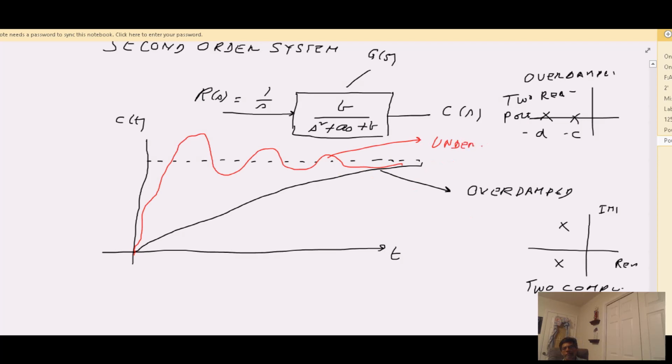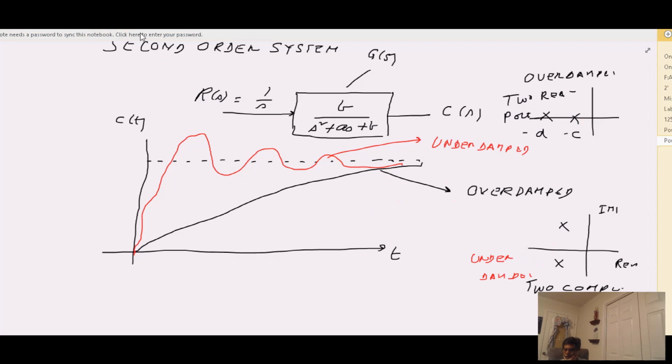So what's happening here is we have two complex poles. Now, when we have two complex poles, we have an underdamped system. When we have two real poles, we have an overdamped system. Black is the overdamped, red is the underdamped.